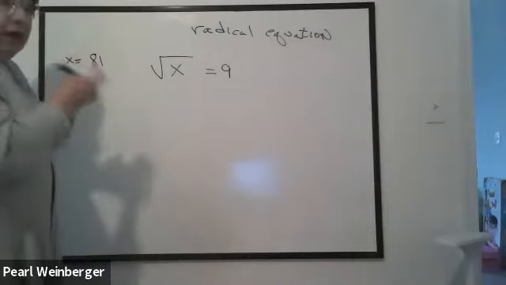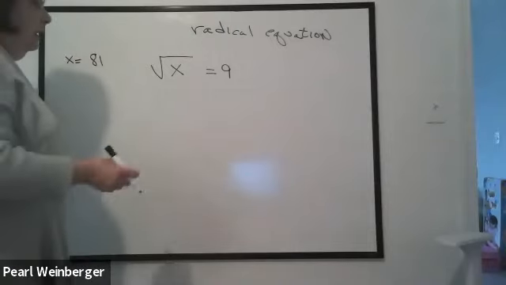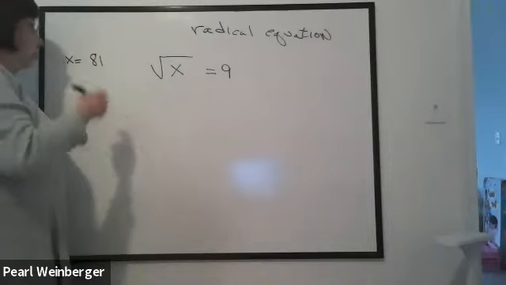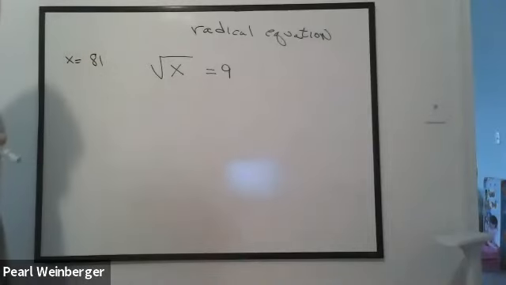Well, let's think how we got that answer. And it sort of goes in with how we actually do all sorts of equations. If I have an equation, let's say x plus 3, if I have 3 added to my x, what I want to do to get x alone is to subtract the 3. If I have 5x in my equation, then the way I'm going to get the x alone is, since x is being multiplied by 5, I'm going to do division.